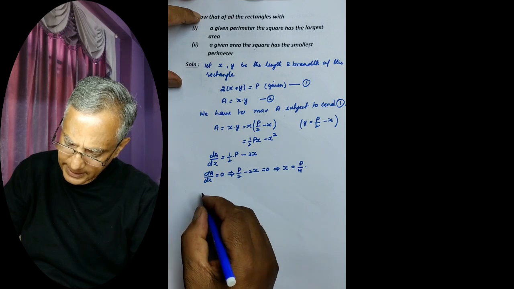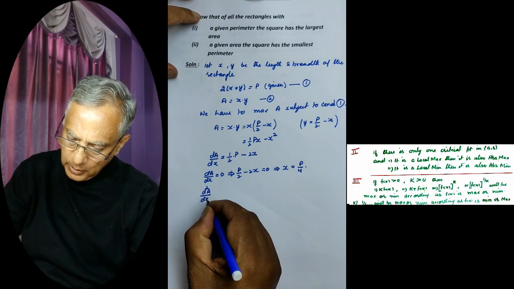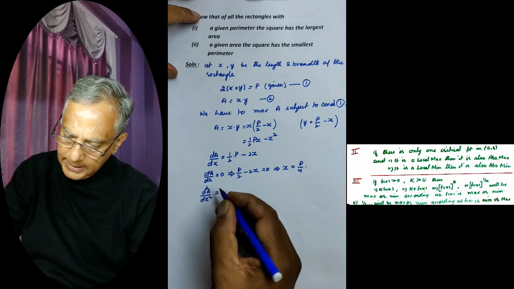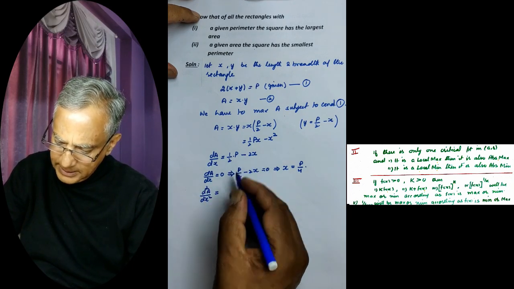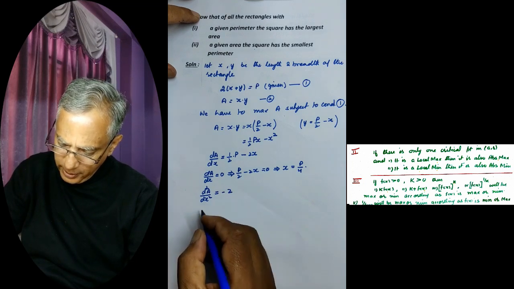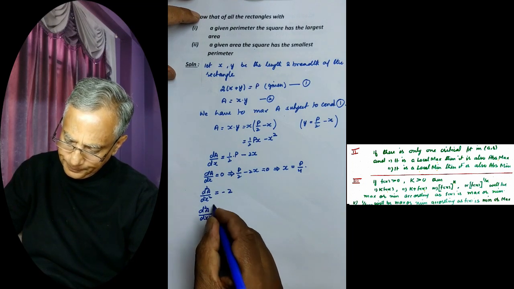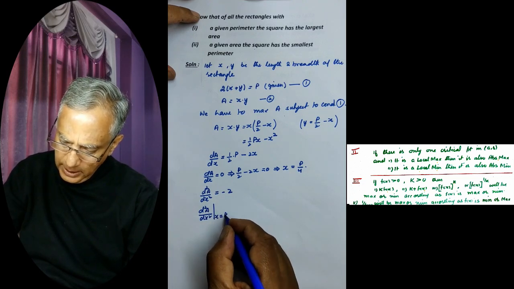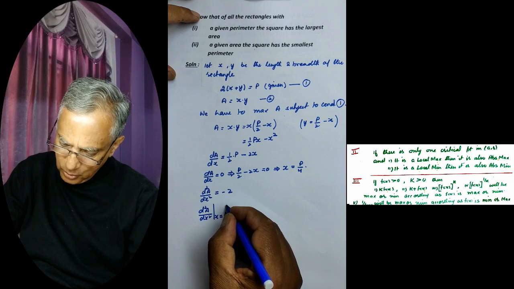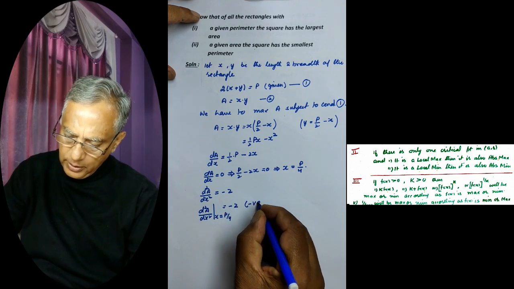Now, we find d2A by dx square. The differential of p by 2 is 0 and the differential of minus 2x is minus 2. Therefore, d2A by dx square at x equal to p by 4 is equal to minus 2, which is negative.